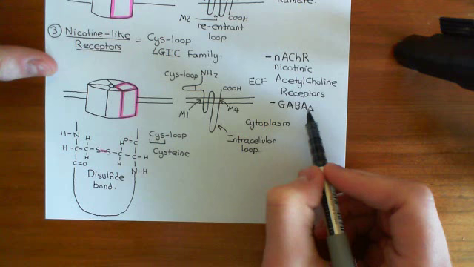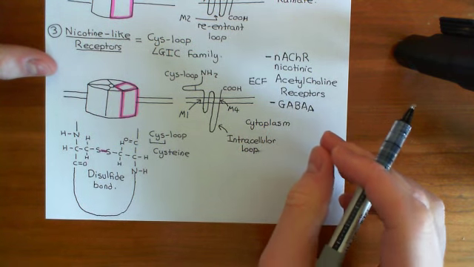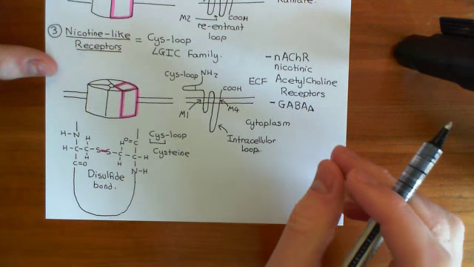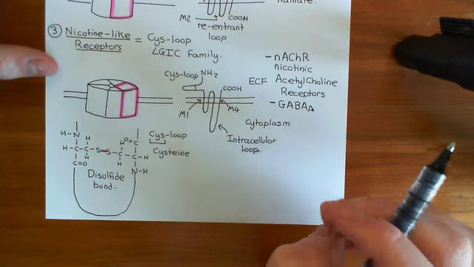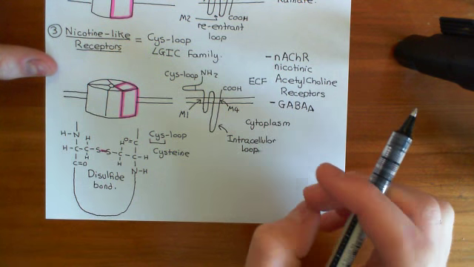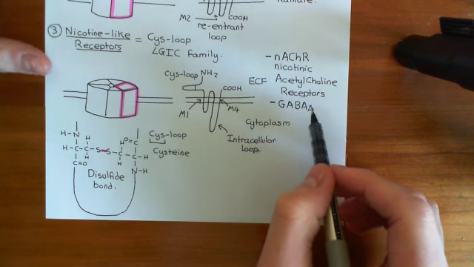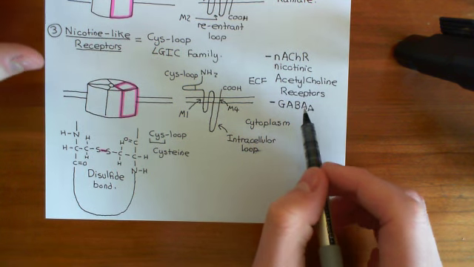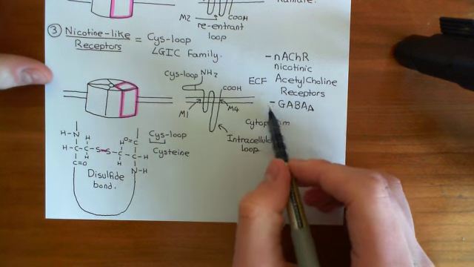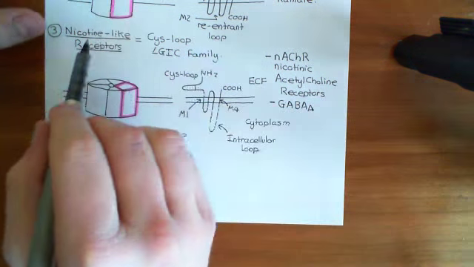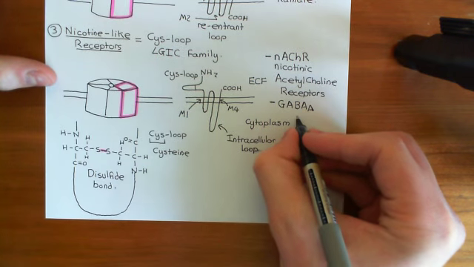When GABA binds to these GABA A receptors, they open and allow chloride anions to move from the extracellular fluid into the cytoplasm to hyperpolarize the electrical potential difference across the cell membrane, and hence make it less likely that a neuron will fire an action potential. So this great, massive, important family of receptors is just a subfamily within this bigger superfamily of receptors.